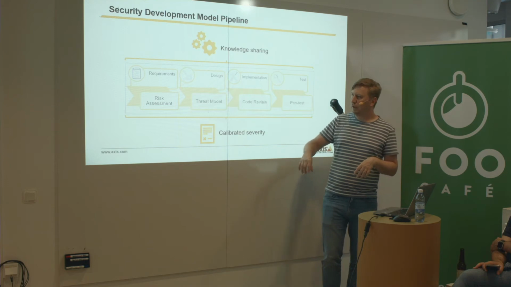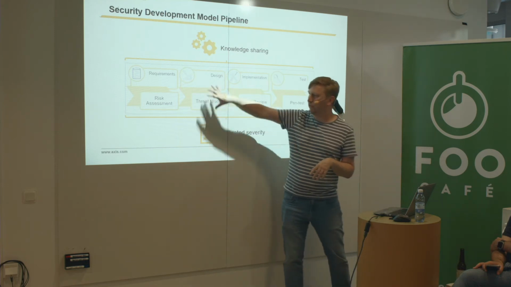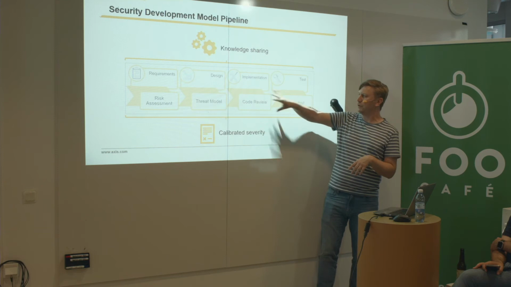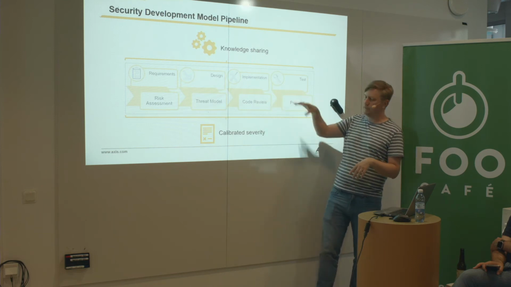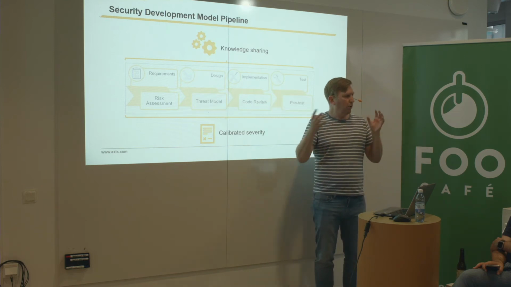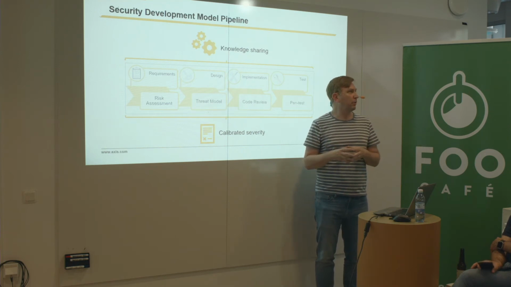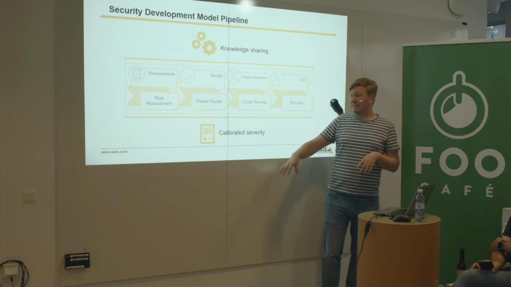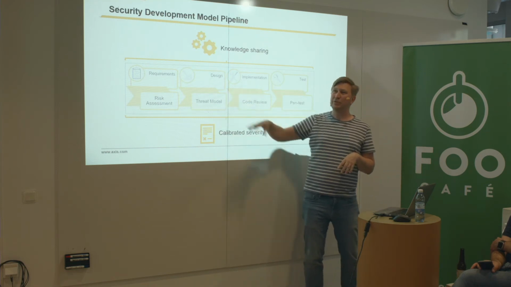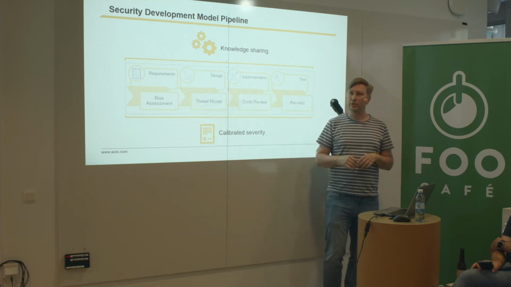And basically, if we work in silos, so our threat modeling is completely isolated from our code review, which is completely isolated from a pen test, then all these skill sets need to build the knowledge of the system on their own.